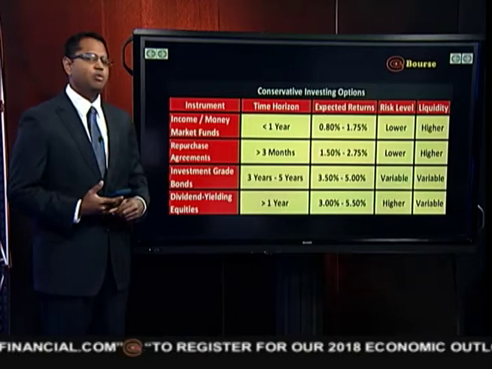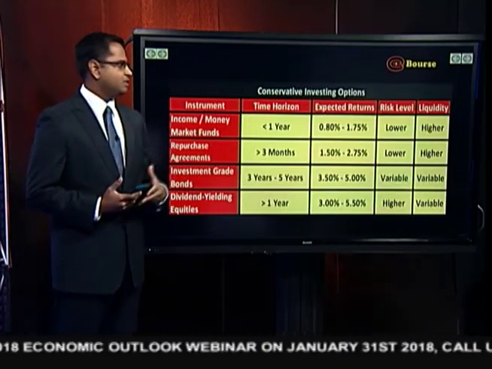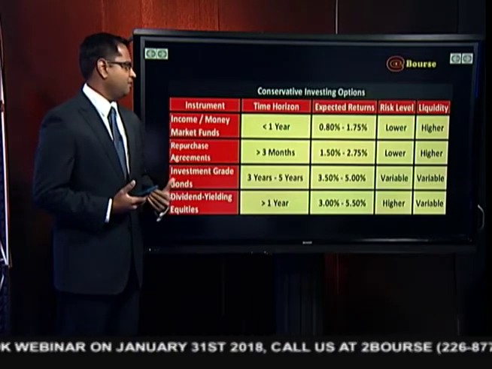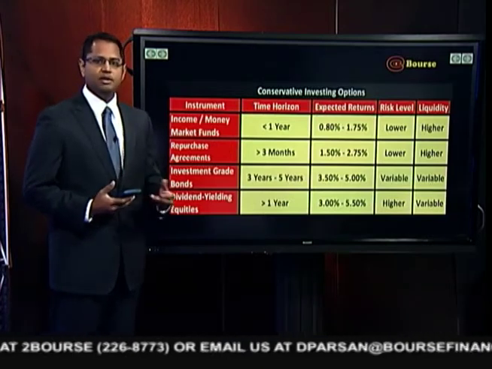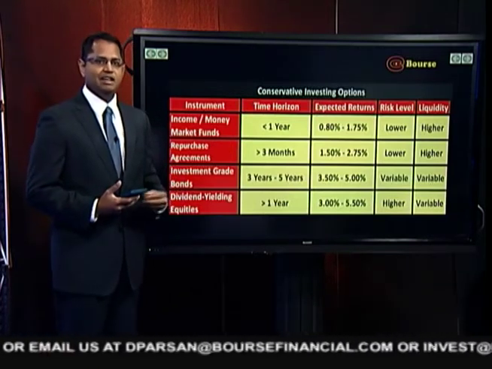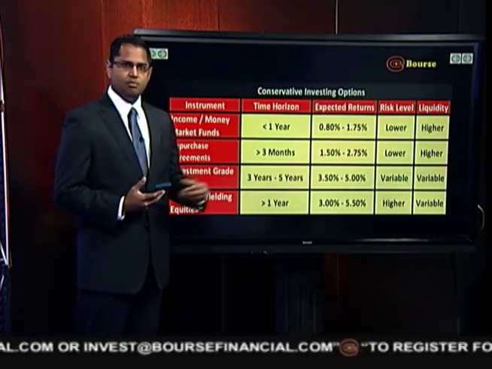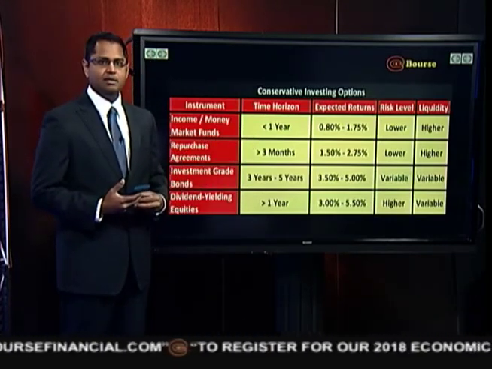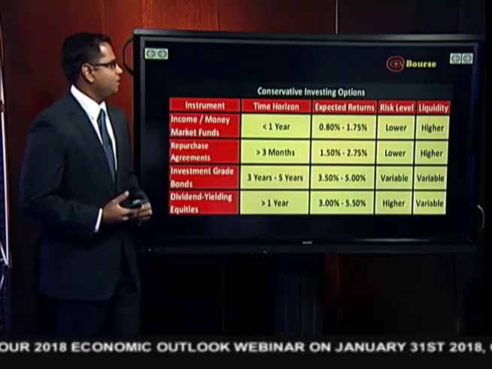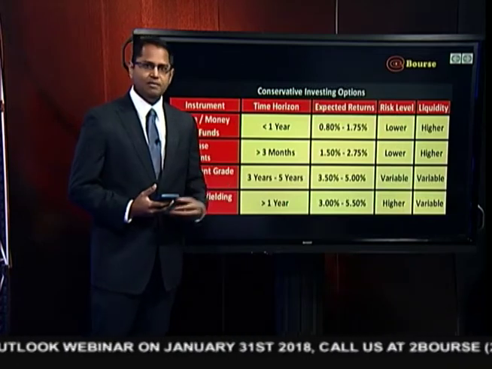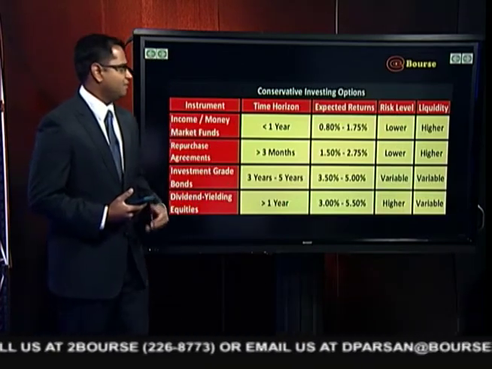And in the case of income-oriented or money market mutual funds, again, it appeals to those investors who have a much shorter time horizon, usually less than 1 year. And in fact, most money market funds or income-oriented funds offer investors daily access to their investments. In terms of expected returns, it's above what the traditional savings accounts at major commercial banks offer, with most income or money market funds offering in the range of 0.8 to 1.75%, and this is across both TT dollar and US dollar investing options.